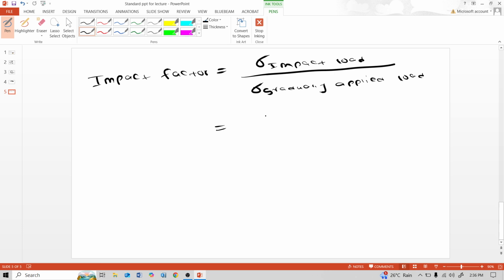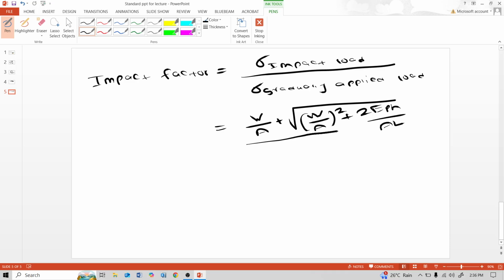The stress due to impact load is W by A plus the root of W by A square plus 2EWH upon AL, divided by the stress due to gradually applied load, which is W by A. This is the impact factor.